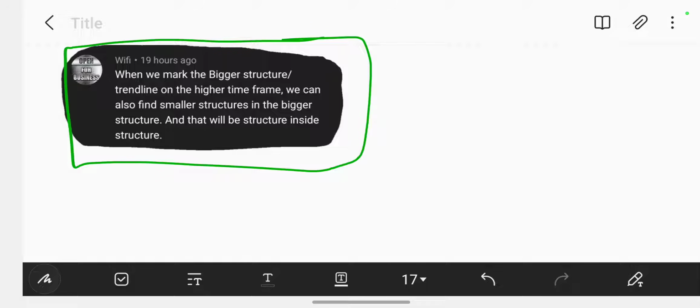Remember, I always show you how to draw your zones and how to look at different time frames. But now here's one thing that you need to pick. The guy is saying, when you are marking the bigger structure or trend line, what it basically means is that when you open your higher time frame, you mark your area of support, your area of resistance and your trend line.